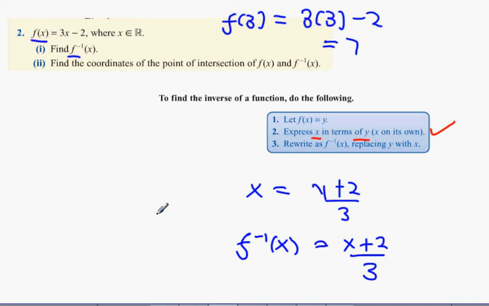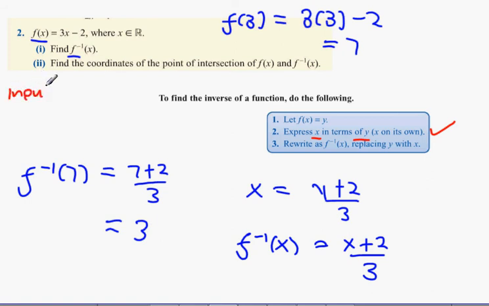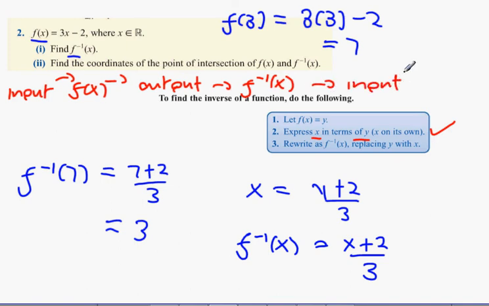If I put 7 into this, f inverse 7, what does it do? 7 plus 2 over 3? 9 over 3 sends it back to 3. So, in a nutshell, the input goes into f of x and it creates an output. If I put this output through f inverse x, it brings it back to the original input.